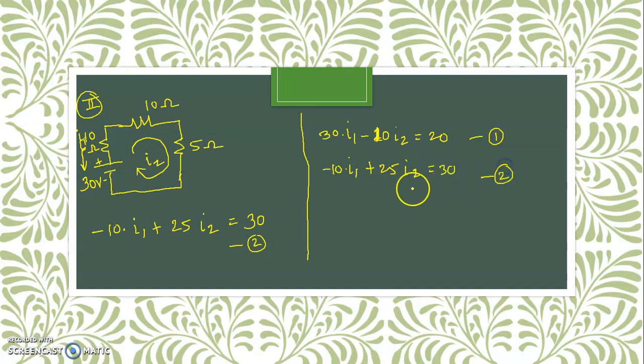Put these two expressions in the calculator and find out the values of I1 and I2. That will give you the values of the mesh currents.